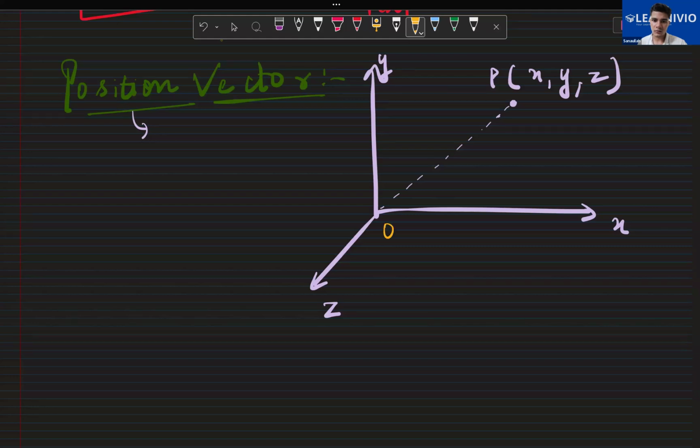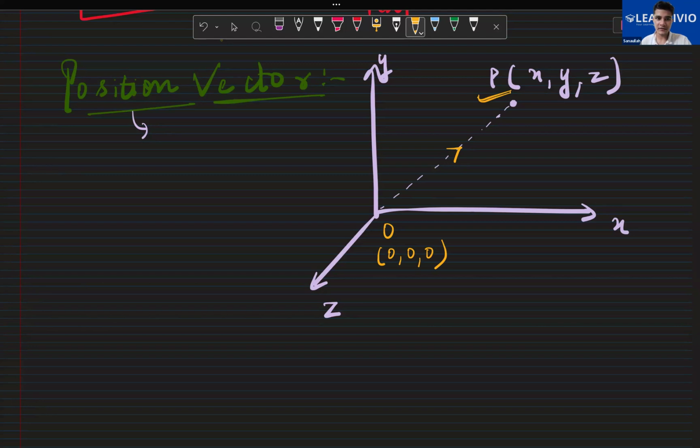Let's say this is O, that is 0, 0, 0, your origin, and this is the point P. You are moving from point O to point P. The position vector tells you about the position of your point. You want to know the location of this point in a Cartesian plane.